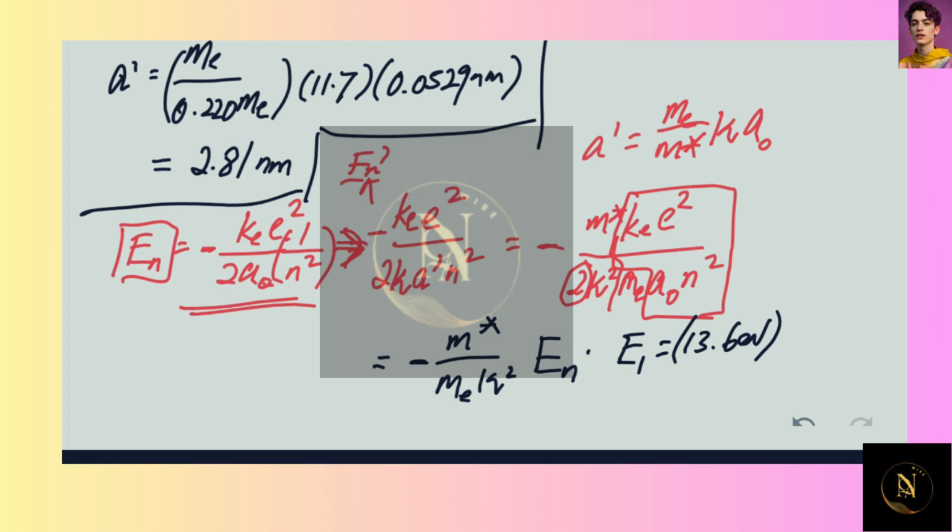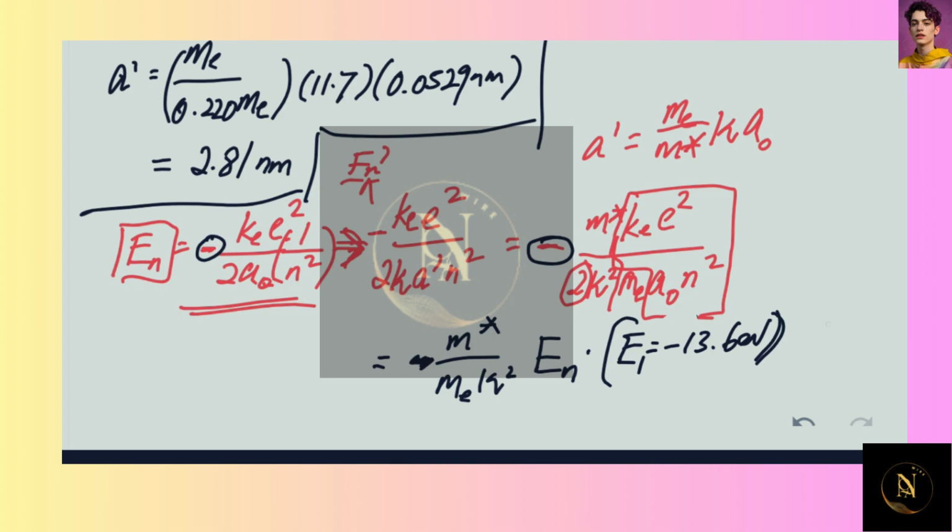There shouldn't be any negative sign over here, because the negative sign gets taken up by the En. So the original ground state energy should be negative 13.6 eV. Sorry for the confusion.